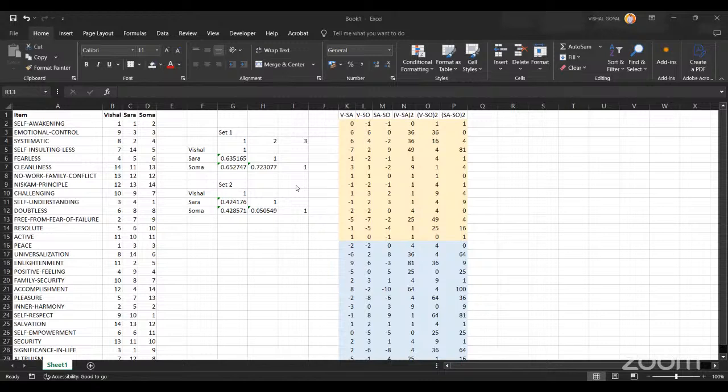Suppose you have 200 data and you want to find out the cluster of these 200 people. Then you can apply K-means cluster analysis, and you will get a good result.